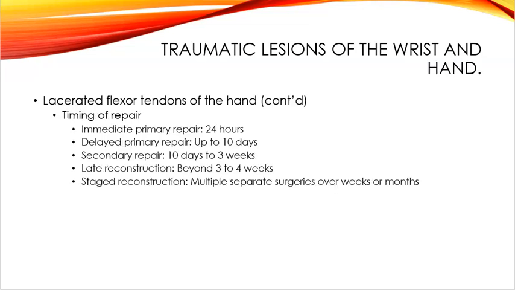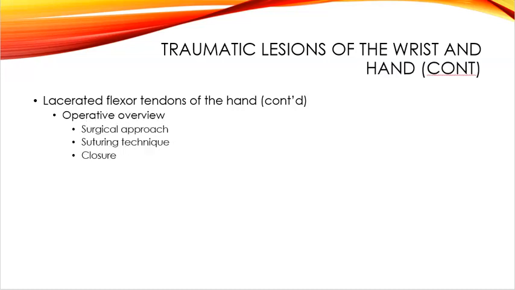Usually the lacerated flexor tendons of the hand are repaired immediately, within 24 hours. Here are the different time frames for a primary repair or secondary repair. Usually they try to get to them pretty quickly. We're not really going to go over the operative overview, but you can definitely look over those.